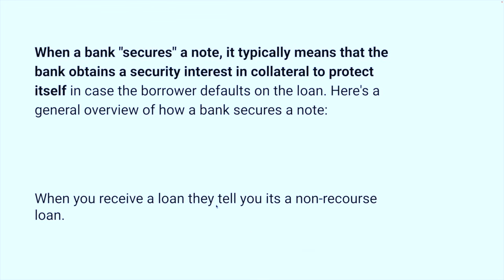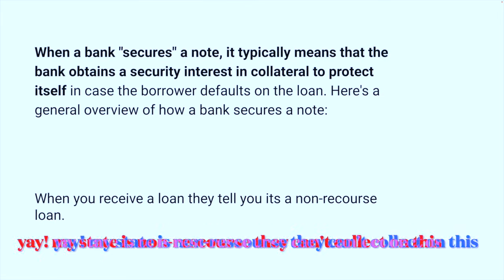So when you receive a loan, there are some states where loans are non-recourse. If you look it up, I believe it's in the IRS, they tell you which states are non-recourse and which are not. So you can look it up and your state might be a non-recourse loan place.